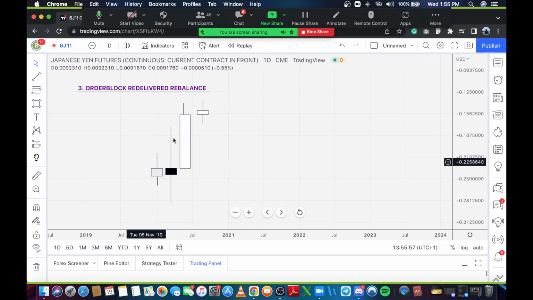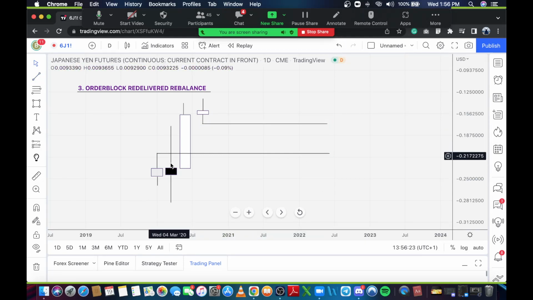Now, the difference between this and the first one is that the first one is a bullish candle. This one, which is order block redelivery balance, is a down candle, which technically should be a bullish order block. But if I see price action like this, I'm not looking at this as a bullish order block. I'm looking at this as a gap wick, and I'm going to take the range from the low of this candle to the high of this candle, and that is my redelivery balance.